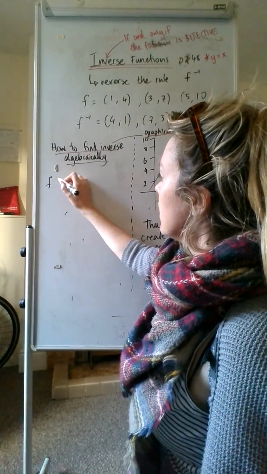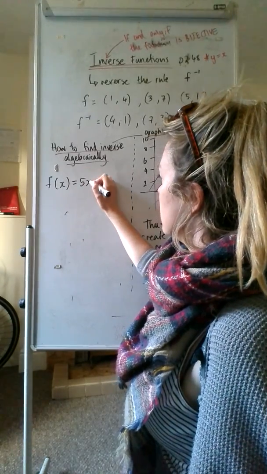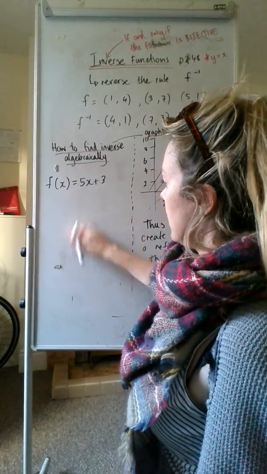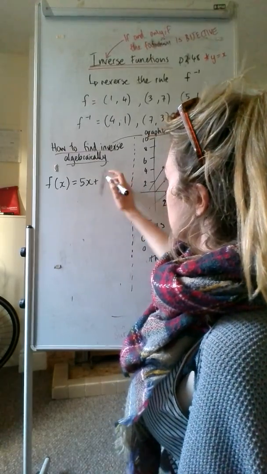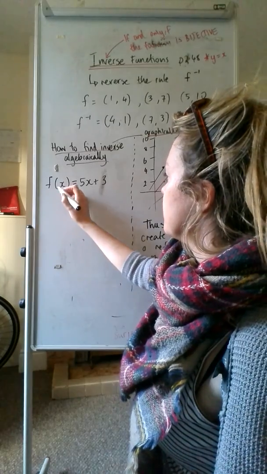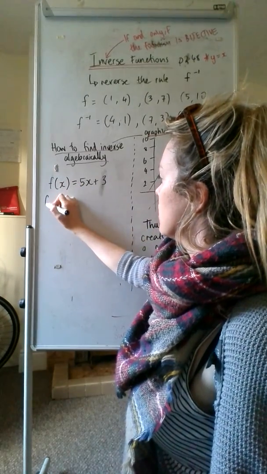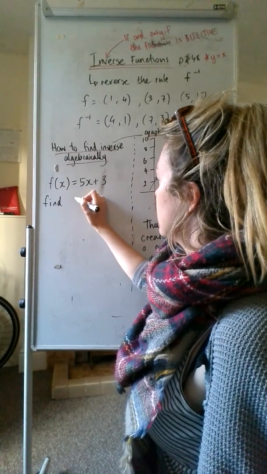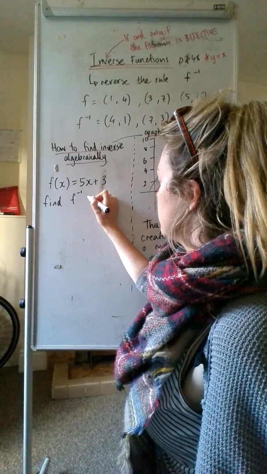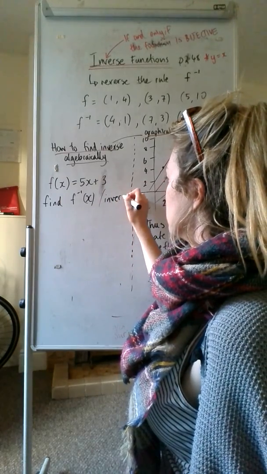So if you write down this function, and this is from page 251, and it's question 3. They gave you f(x) is equal to 5x plus 3. And they've asked you to find, apologies, find the inverse. So let's say find f inverse of x. Or they could just say find the inverse of this function.